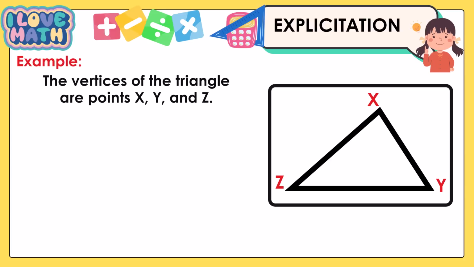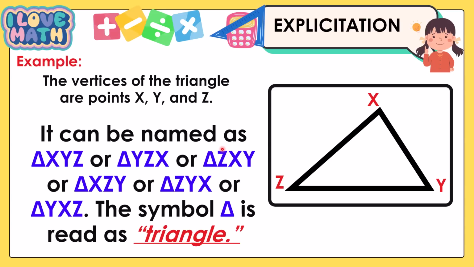Example: the vertices of the triangle are points X, Y, and Z. It can be named as triangle XYZ, triangle YZX, or triangle ZXY, or triangle XZY, or triangle ZYX, or triangle YXZ.